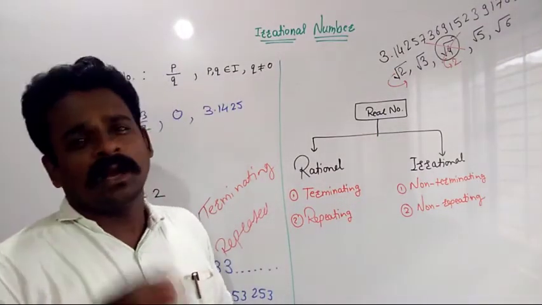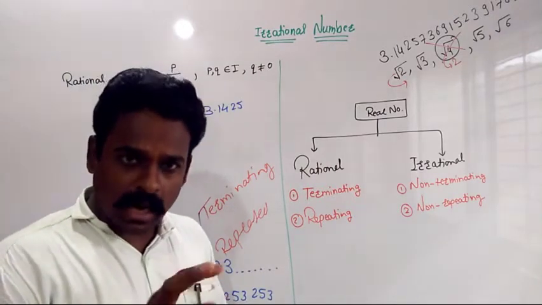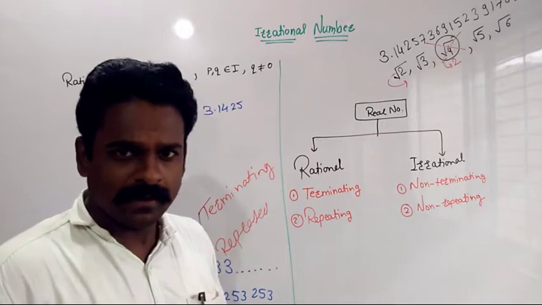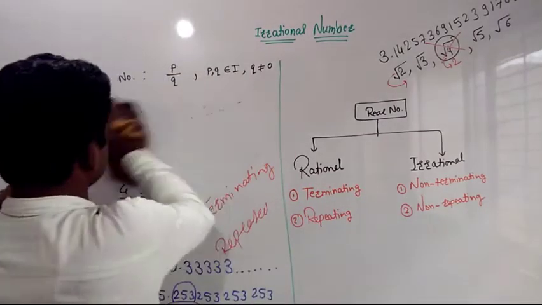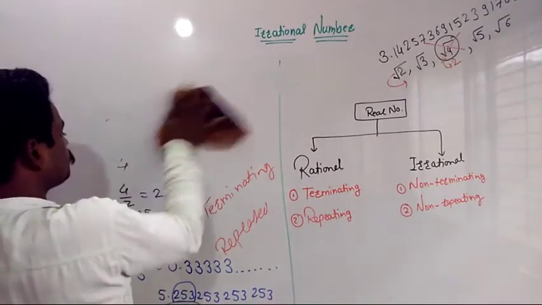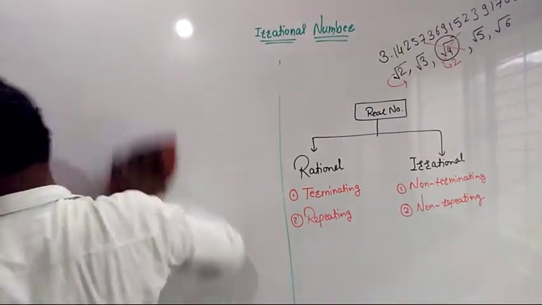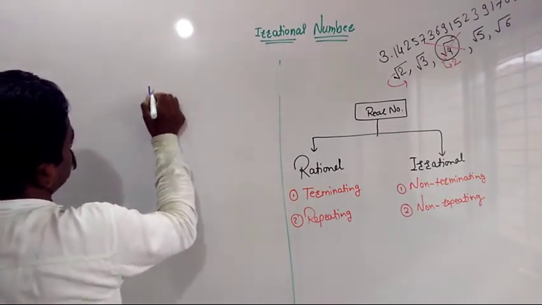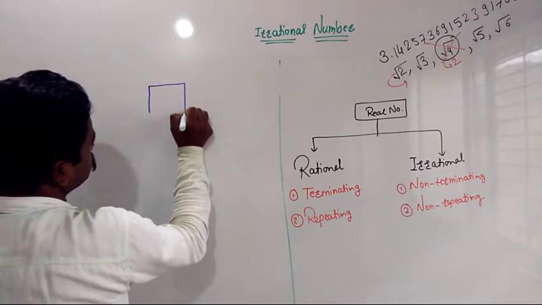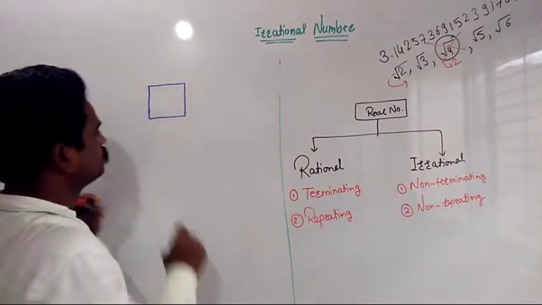Now we'll see how to show an irrational number on the number line. Suppose I have taken a square whose side is 1 unit.